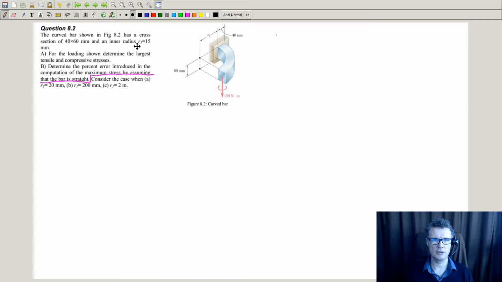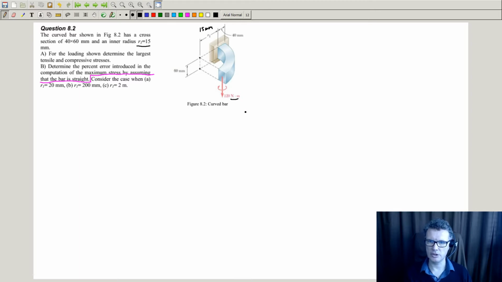So looking at part A here, we have been given the radius of 15 millimeters. So for this case, determine the largest tensile and compressive stresses. Notice you've got a pure turning moment here.